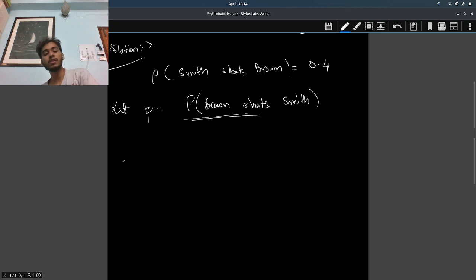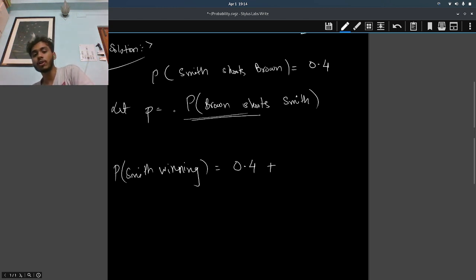And it says that Smith starts and they shoot until one gets hit. So the probability of Smith winning is basically something like this: either Smith shoots Brown in the first shot, which has a probability of 0.4, or Smith misses, then Brown will have to miss.